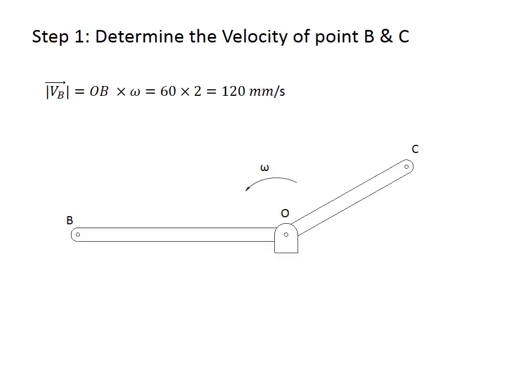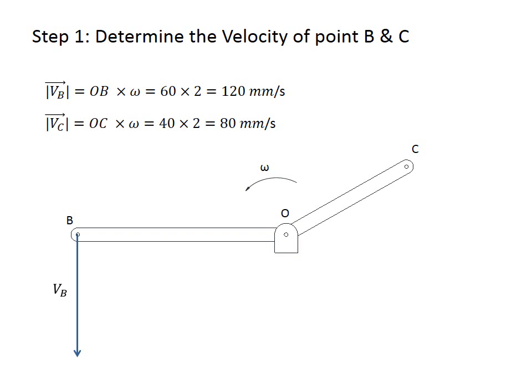It is going to be 120 millimeter per second. Just make sure that the omega in this formula should be in radian per second. The direction of that velocity is perpendicular to the radius of the rotation and in the direction of the angular velocity. As you can see, the VB is perpendicular to the OB and in the direction of the omega.